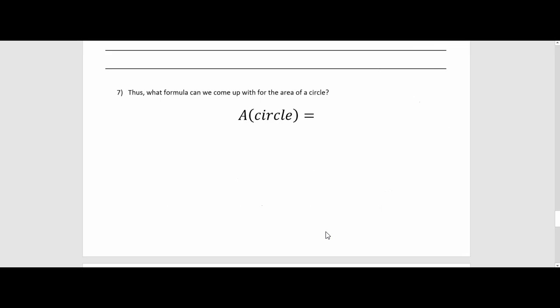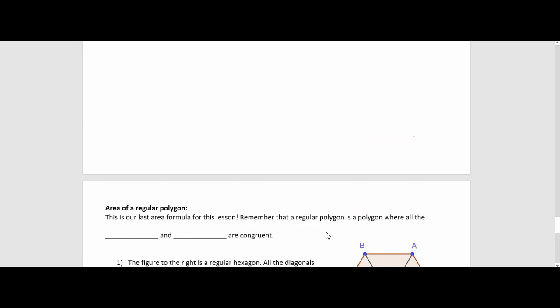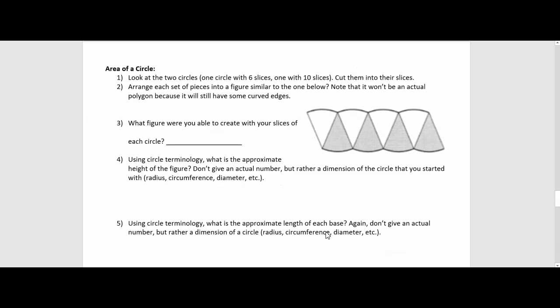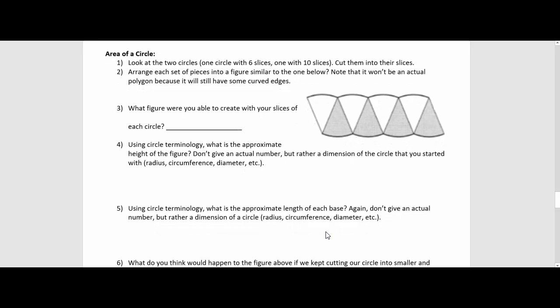So this was another activity you could do hands-on. If you cut out 2 circles and cut them into little wedges, you were able to form the wedges into this shape right here. And it's not a perfect polygon, because the sides are not segments. They've got some curves. But it certainly looks like a polygon that we've seen before.